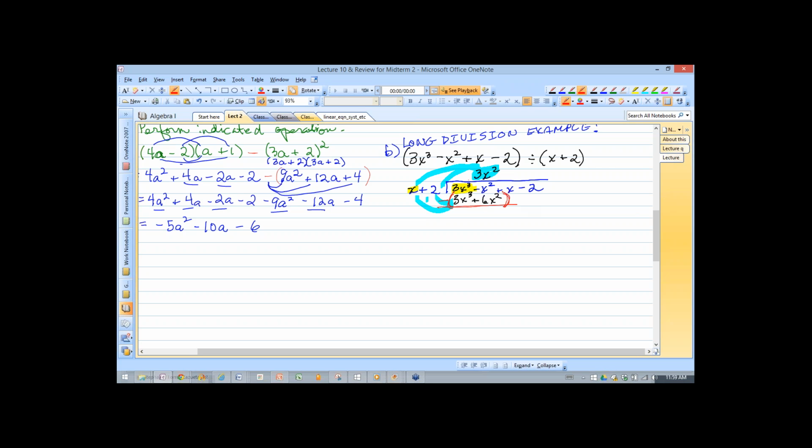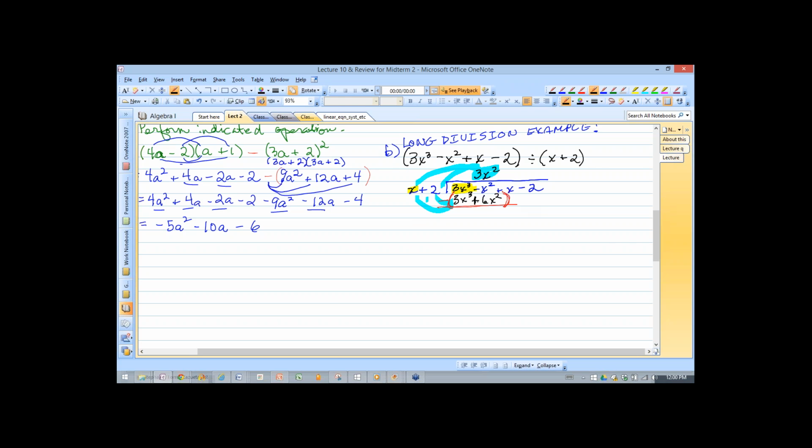So 3x cubed minus 3x cubed is 0. It should zero out the first term. And then negative x squared, that's negative 1x squared. Let me get my black pen. This was a plus, by the way, 3x squared.